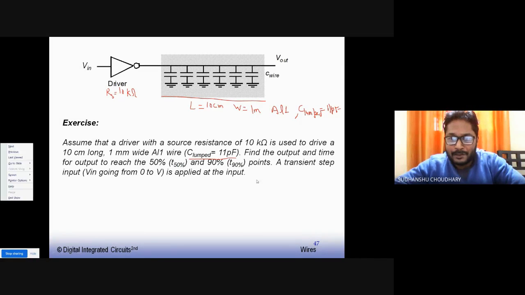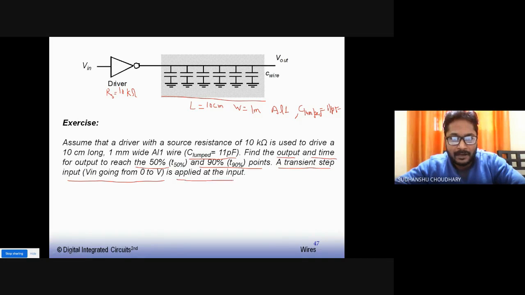Now one has to find the output and the time for the output to reach 50% and 90% points. Okay. And assume that a transient step input, which is V in, going from 0 to V, is applied at the input. So we have to find the delay, that is the 50% delay and 90% delay.